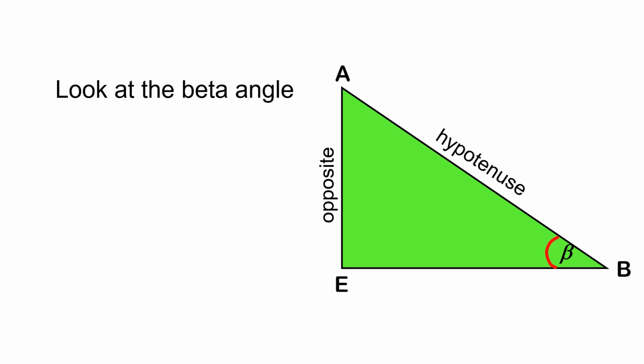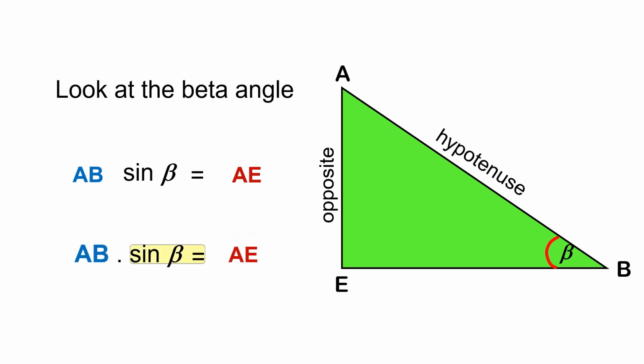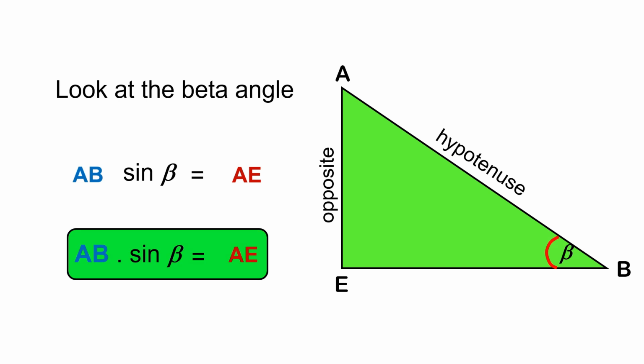So sine beta is AE over AB. Focusing on AE, we change its form to the multiplication of side AB by sine beta. This is the second result.